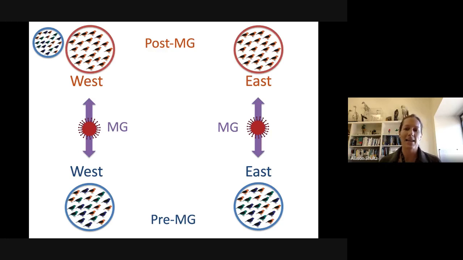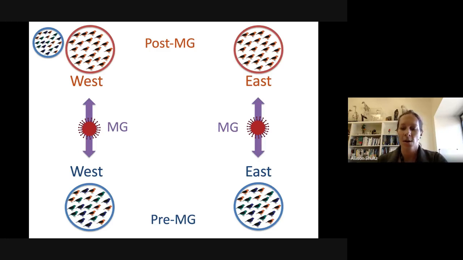And so ideally to answer this question, one would be able to sample individuals before mycoplasma, and I'm referring to MG, Mycoplasma gallisepticum, in both the populations, and then after you would also be able to look at these same populations.